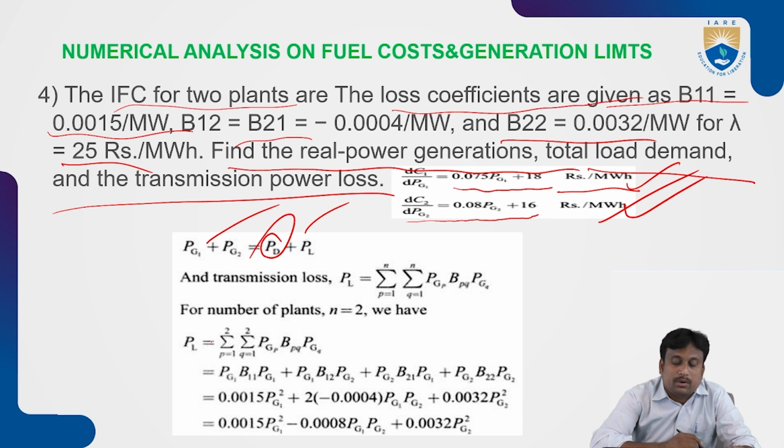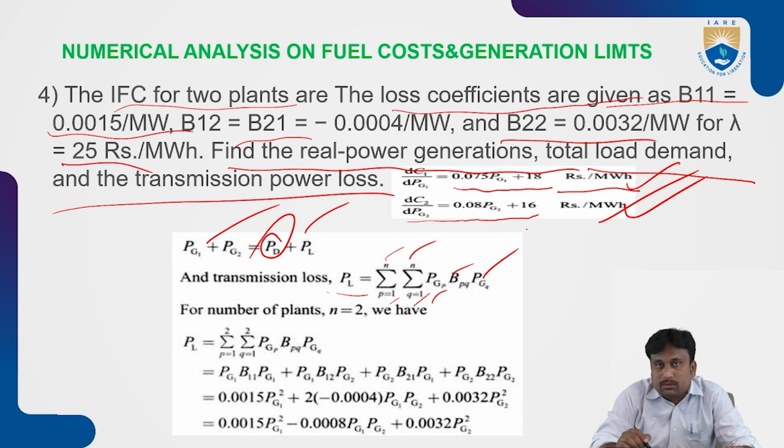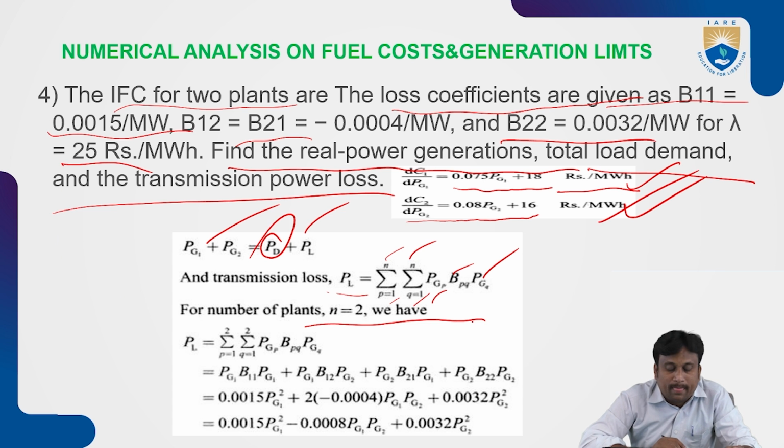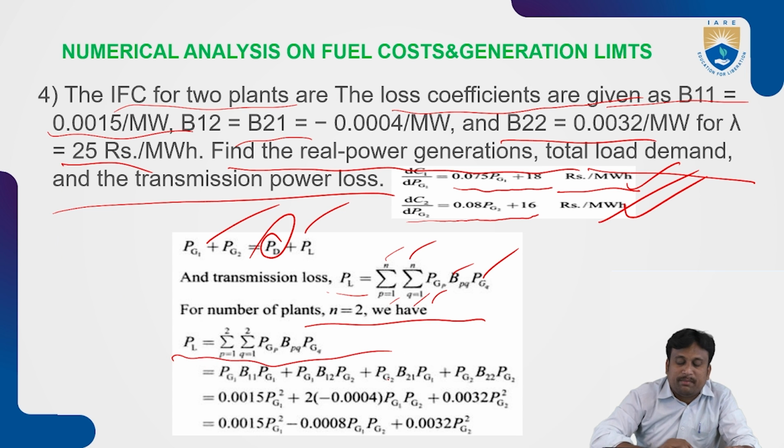This is the total load demand, and the transmission loss is PL equals summation P equals 1 to N, Q equals 1 to N, PGP BPQ PGQ. So for number of plants N equals 2, we have PL equals summation P equals 1 to 2, Q equals 1 to 2, PGP BPQ PGQ.